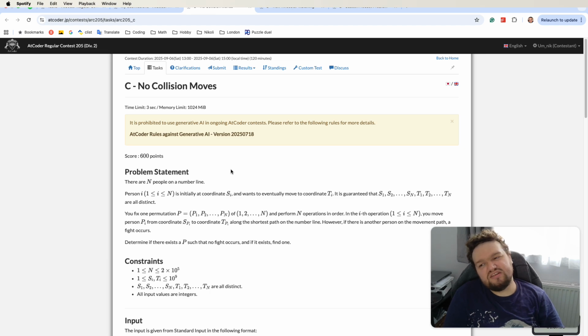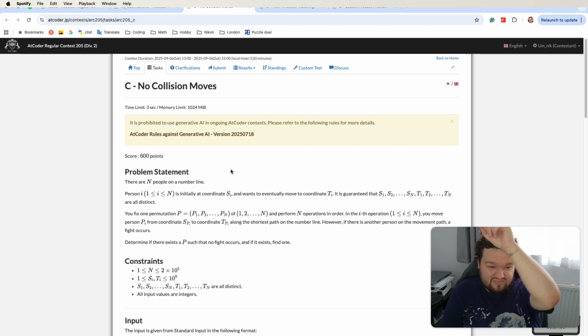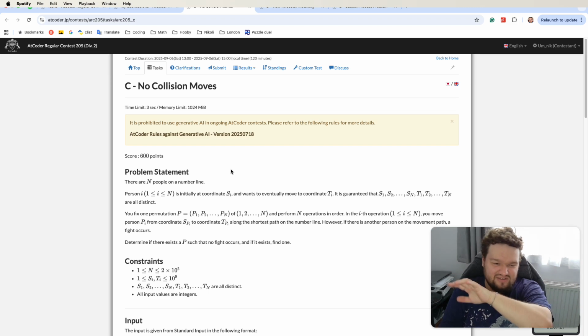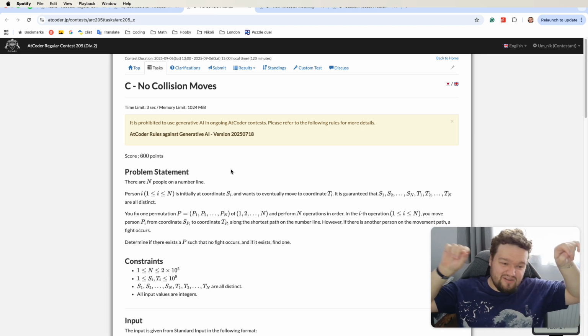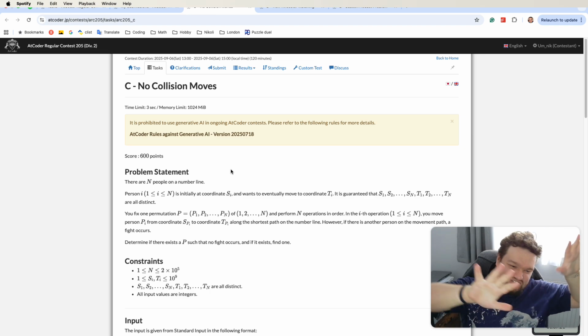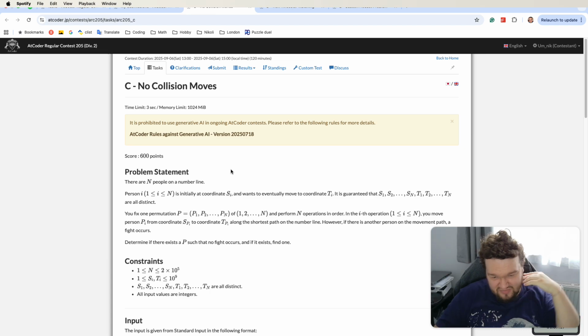That means that the initial order and the final order must have the same relative order, because we cannot swap the relative position of two people, since one will move through the other anyway. So people are in some relative order in some positions, and we shift them; each one of them can move somewhere, but the relative order must stay the same.